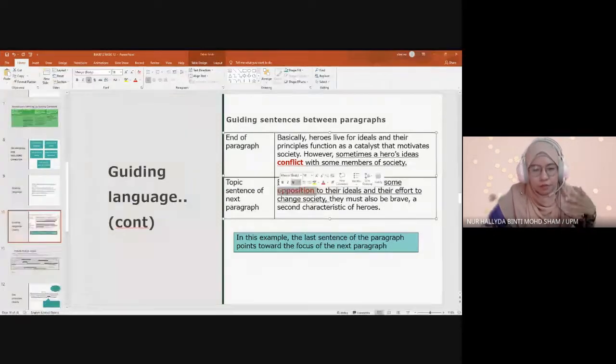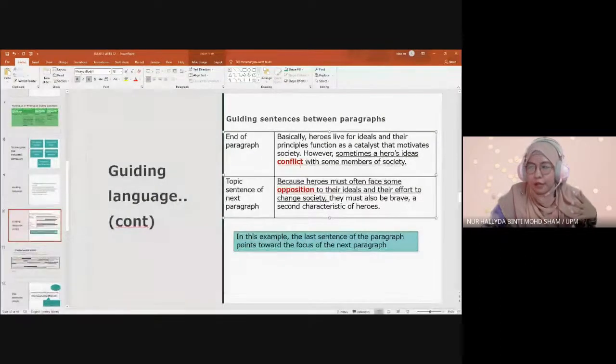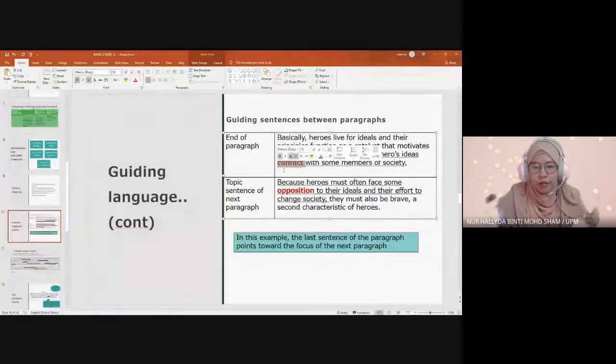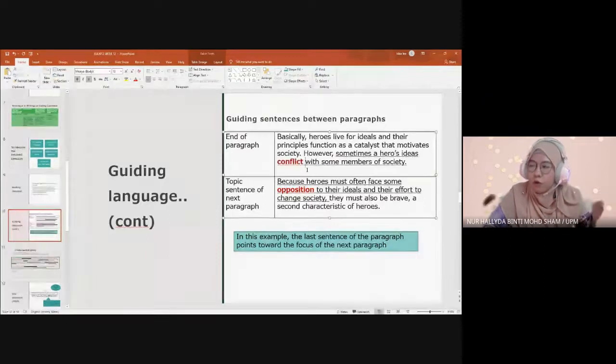Opposition means tentangan. Tentangan also means conflict. See, you maintain the focus by using different words. So I can clearly follow and see the link. Okay, all right. So this is how you use guiding language.